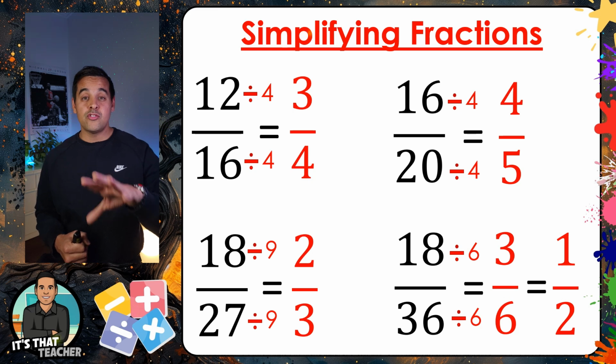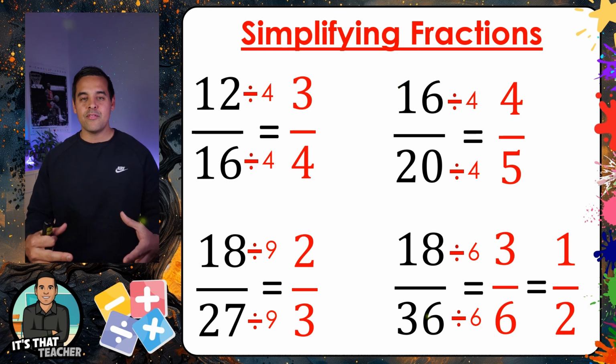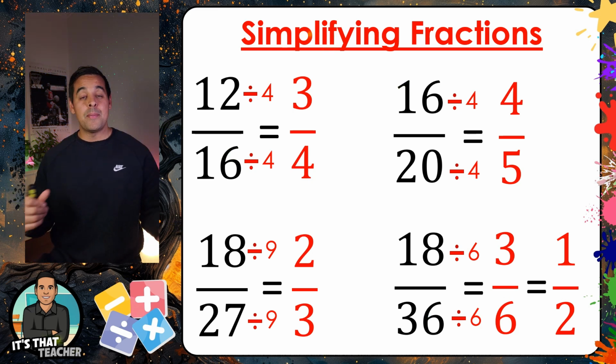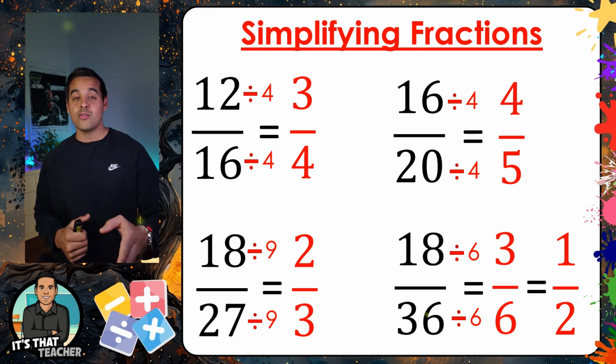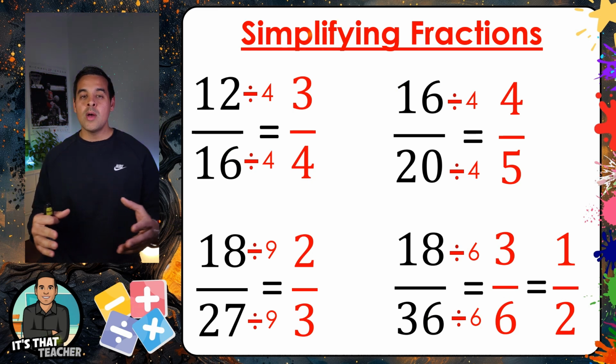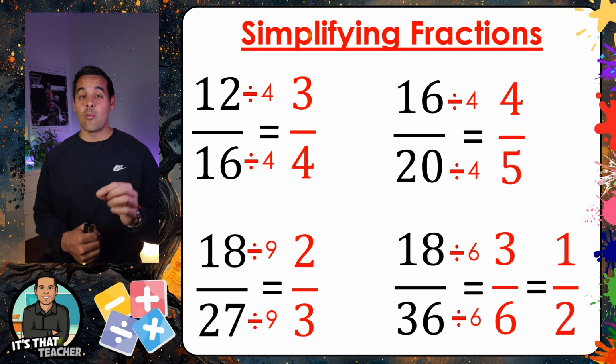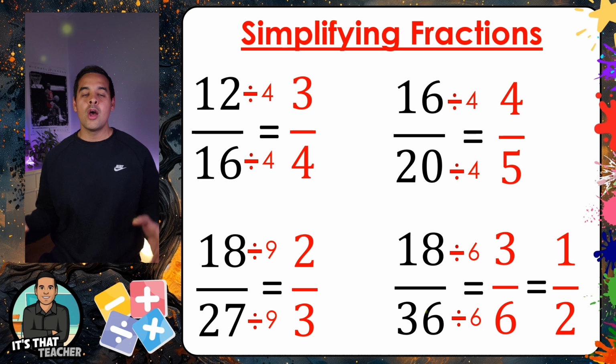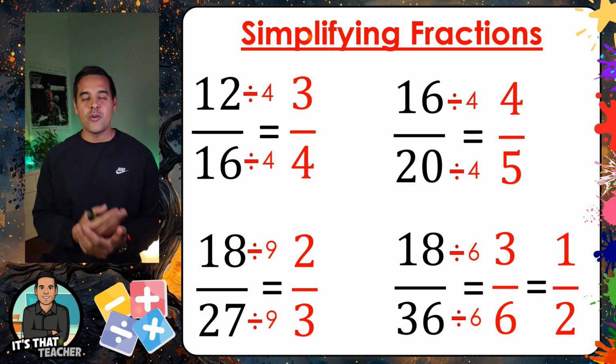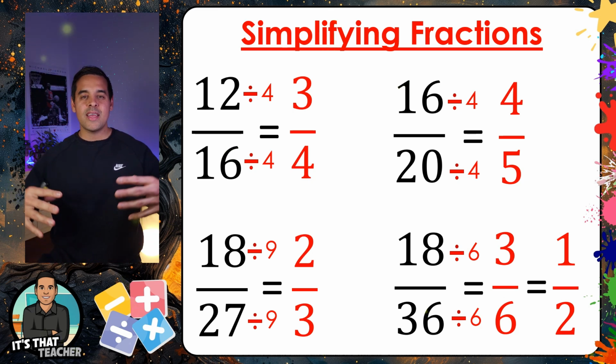In class, I tell my students, if you can simplify, always simplify. Because when you get into high school, some high schools will actually mark you partially incorrect if you wrote 3 over 6 instead of 1/2. So I highly recommend always going that little bit step further and simplifying your fractions.